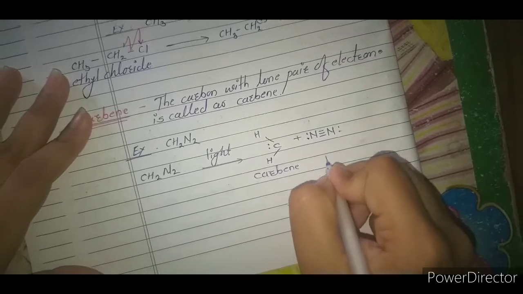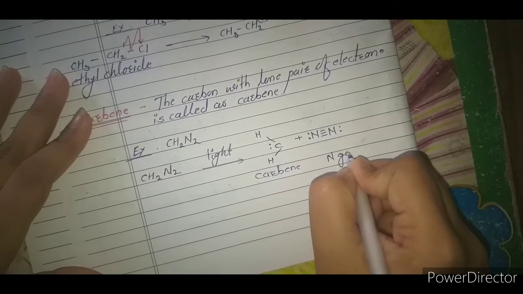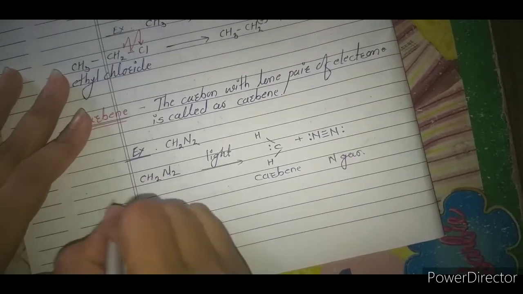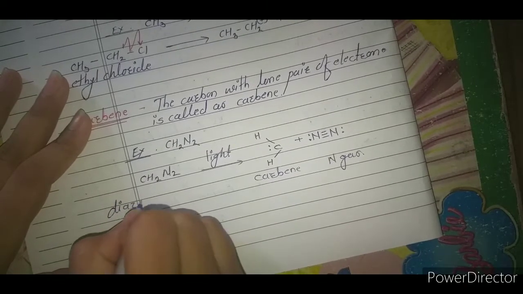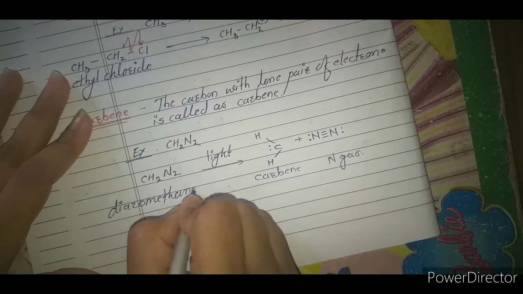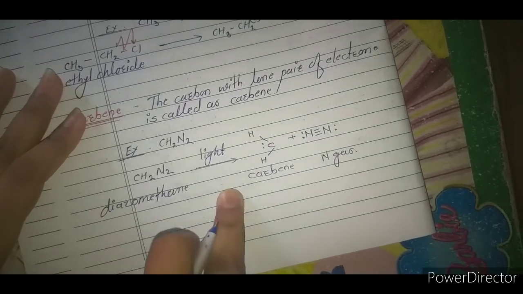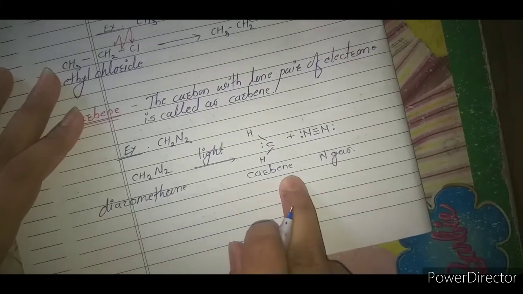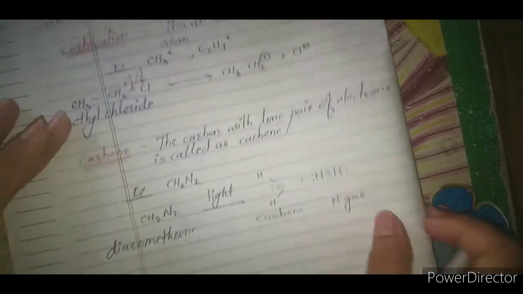It is your carbene and it is your nitrogen gas. It is your diazomethane. When diazomethane is in the presence of light, it forms carbene and nitrogen gas.